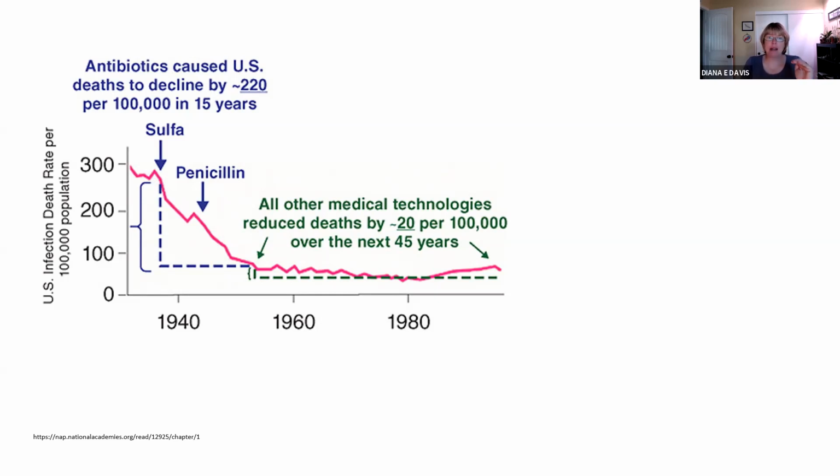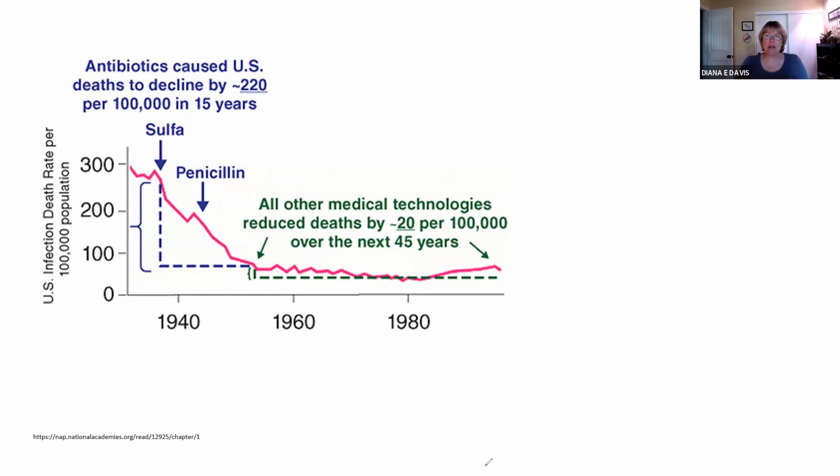That's dropping it by 200. If you compare that to all other medical technologies, heart bypass surgeries, cancer treatments, over the next 45 years after we started having antibiotics, everything else only dropped deaths by 20 per 100,000. So that's a tenth of the impact that antibiotics had.